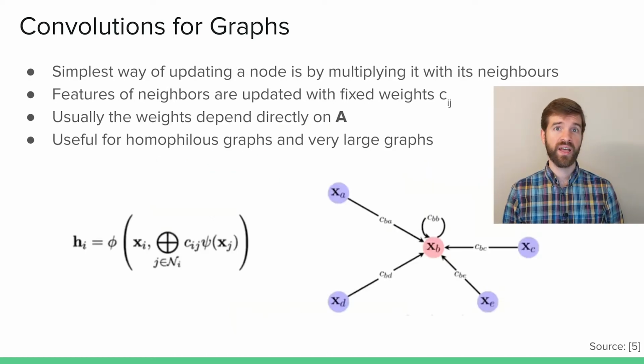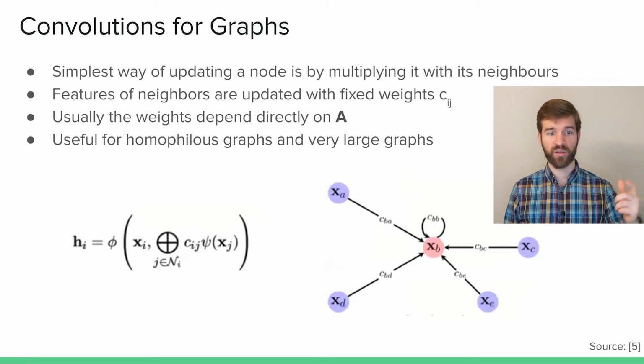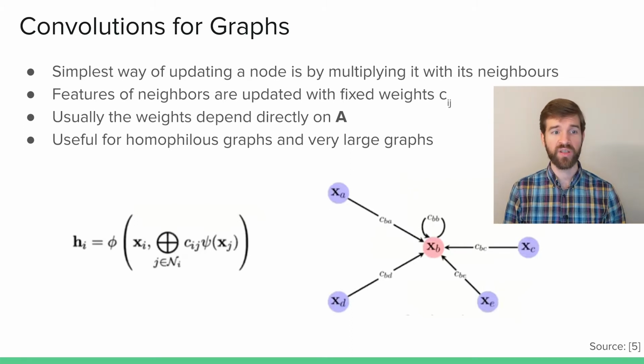The simplest way such a function g could look is by updating the node by multiplying it with its neighbors. We apply a function psi on each node of our neighborhood, and then we have a fixed weight c_ij, and then we aggregate this information. What is this c_ij?